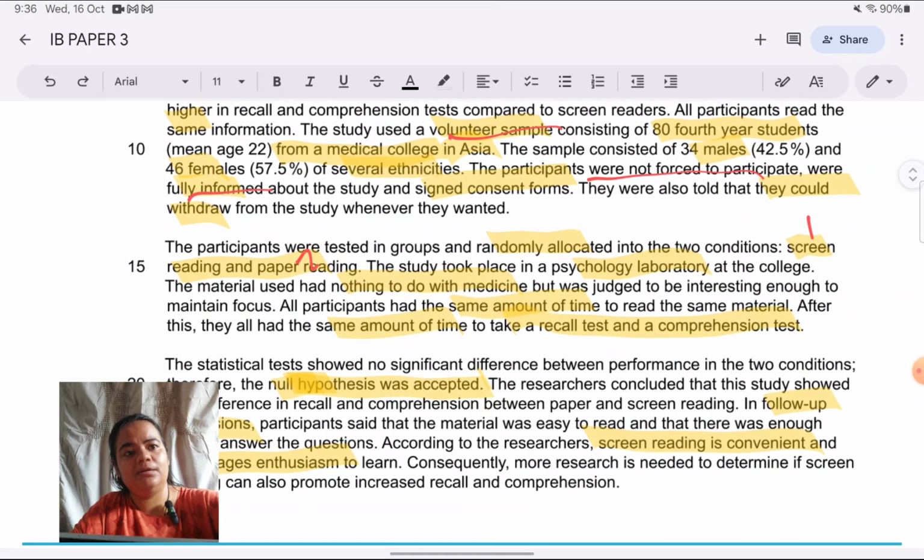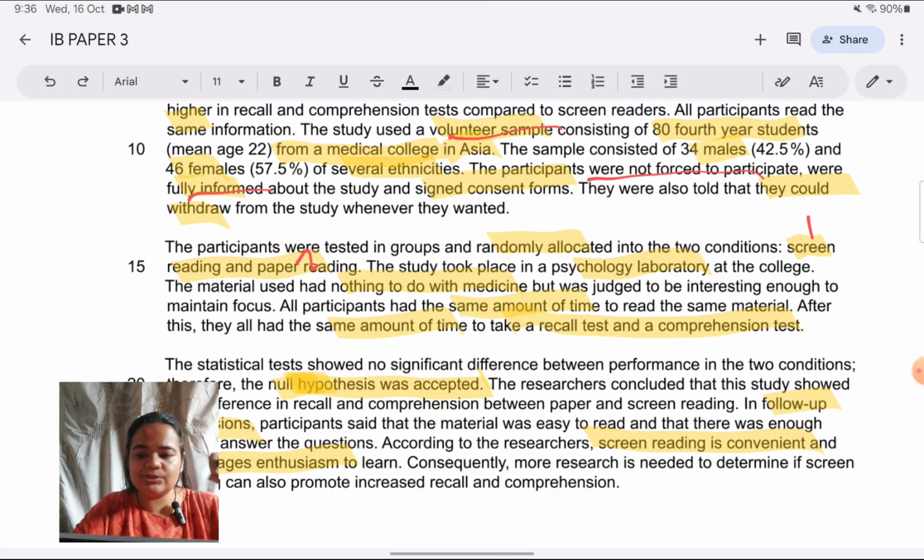They were all fourth year medical students from the same college in Asia. So then I would like to take that as a feature. Like undoubtedly there are many general features that I can take possible for any research method or sampling method. I just feel that the one which is very obvious to be contextualized, like very prominently there in the passage, that just becomes easier to write about.